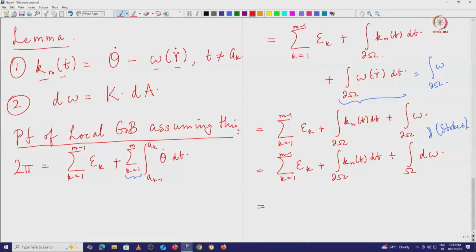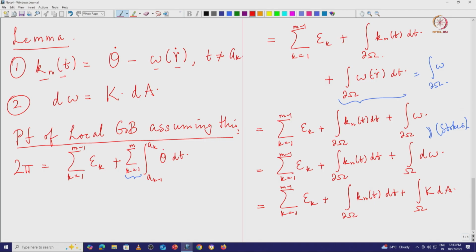But then by the second part of the lemma, this is precisely the total Gauss curvature inside omega, because d omega is equal to K times dA.